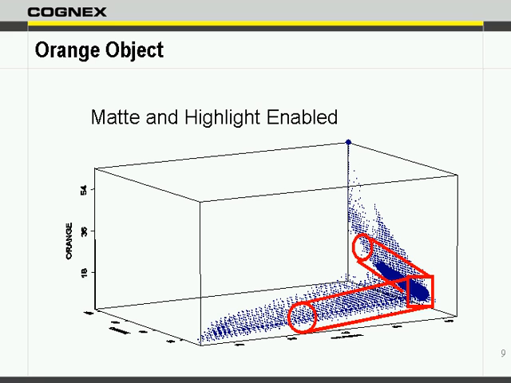If we include the matte and the highlight line, we start including things that are similar in shade, but going through black or white, and also towards things that might include specular reflections on that orange.